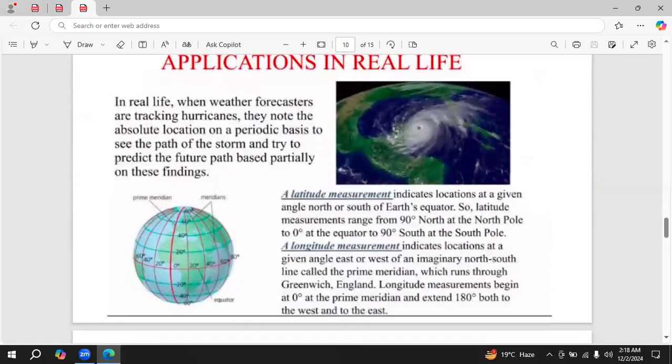Another example in our daily life of the coordinate system is weather forecasting.